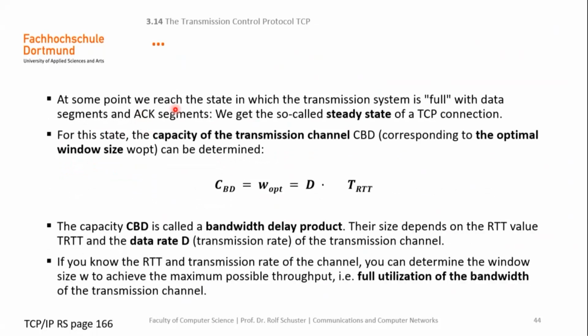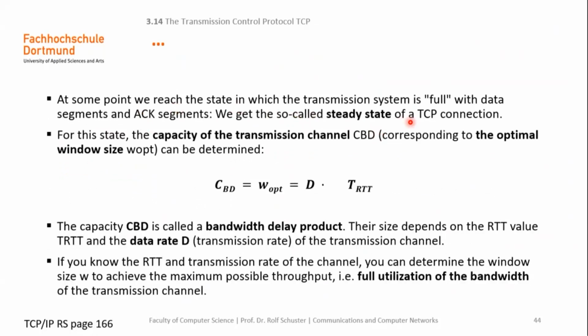At some point, we reach the state in which the transmission system is full with data segments and acknowledged segments. We get the so-called steady state of a TCP connection. That is maximum rate, typically.